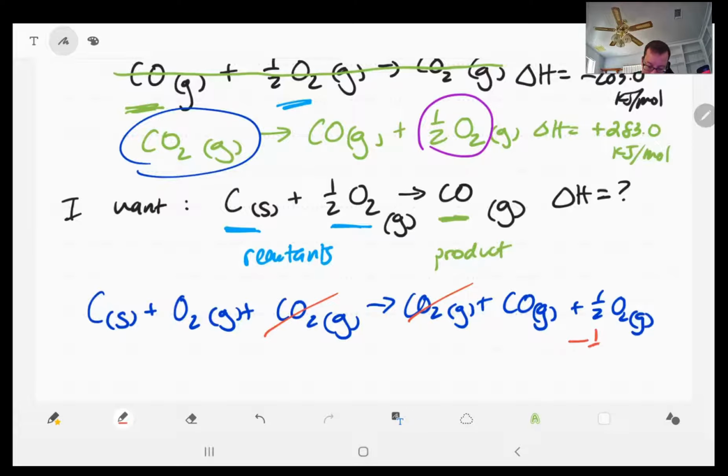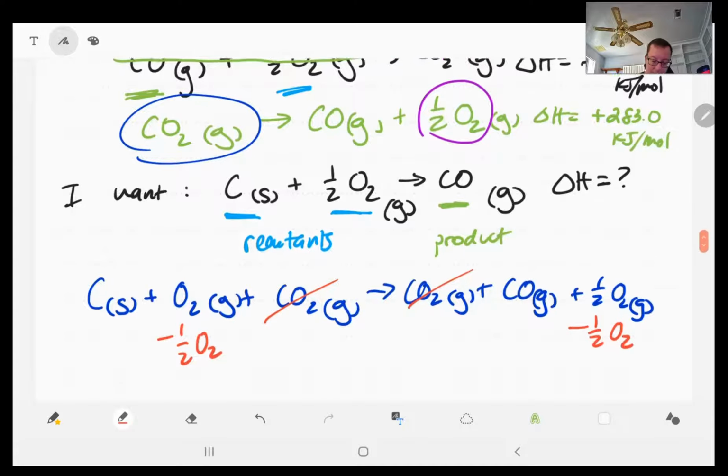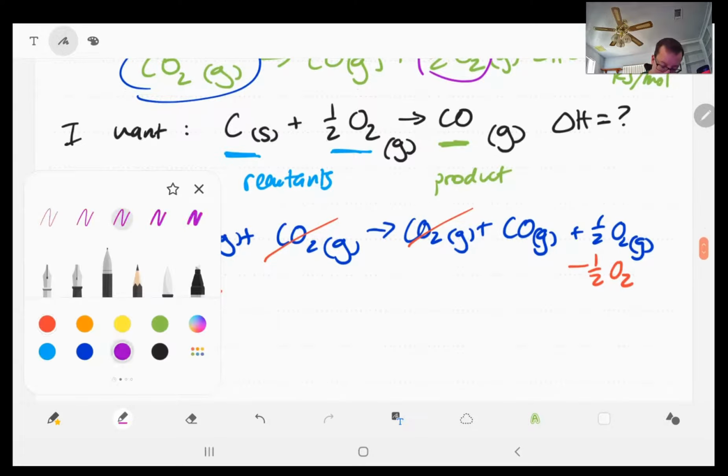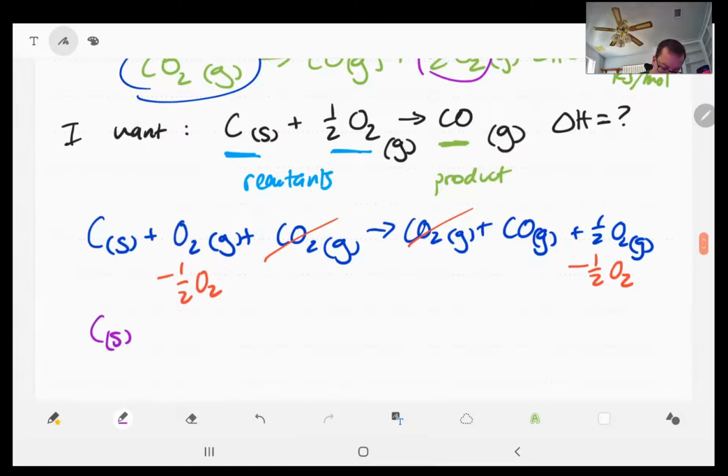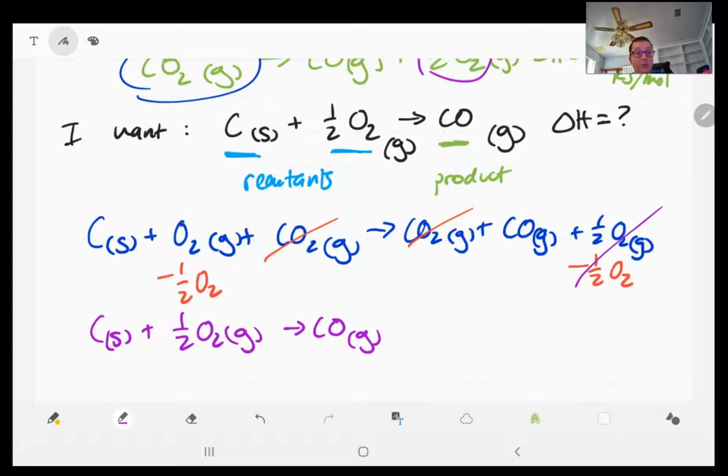And let's subtract 1/2 O2 from both sides. So 1 O2 minus 1/2 O2 equals 1/2 O2, right? Oh, that's it, actually. So if we do that, this cancels out: 1/2 minus 1/2 is 0, and 1 minus 1/2 is 1/2.